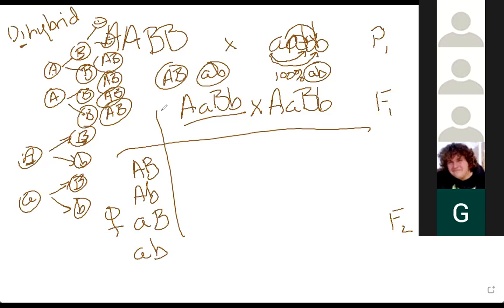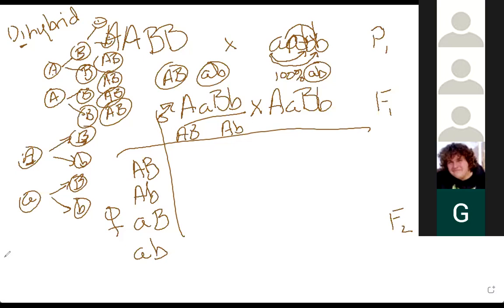And then, of course, those are female gametes. Our male gametes will be the same because they're both heterozygotes, which means that what kind of loci are these, if they're the same in both males and females? Ooh, what a great question. Well, if they were on the sex chromosome, what would they be?